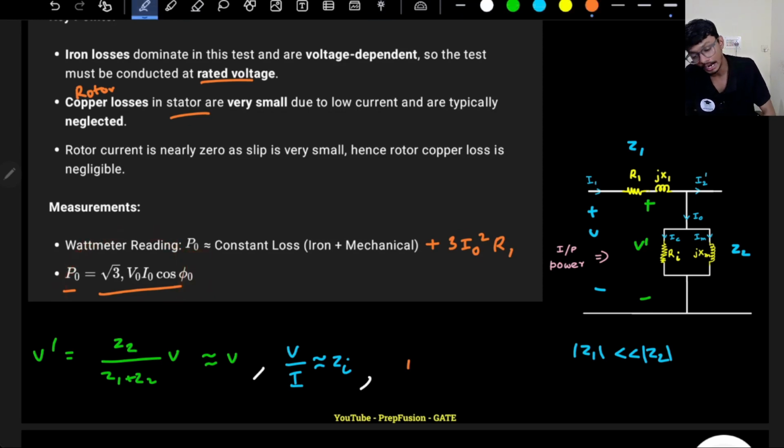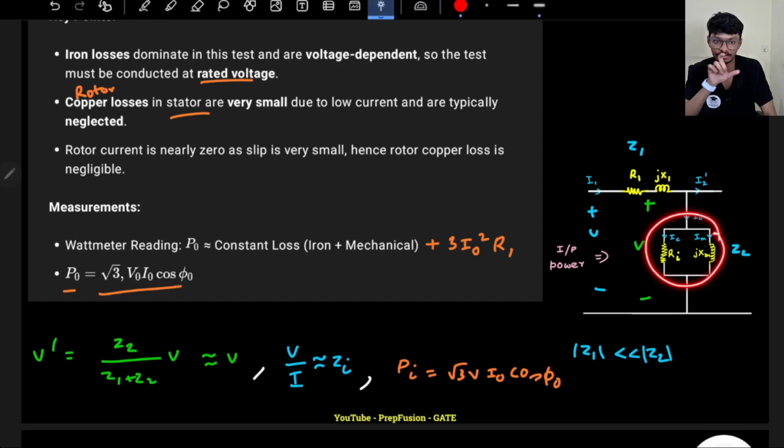But if I am somehow able to extract the iron loss from this, I will tell you the method by which I will extract it. Iron loss is a separate thing. Three-phase iron loss would be root 3 into V into the ammeter current IO into cos phi O, basically the power factor angle of this particular impedance Z2.